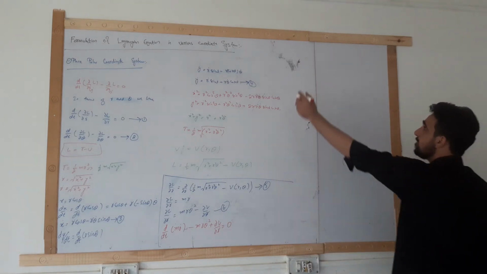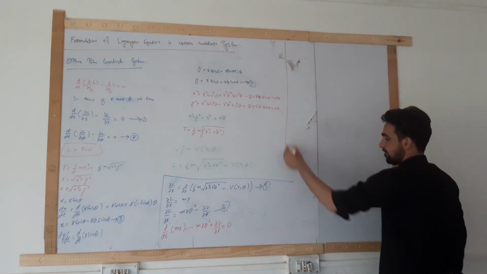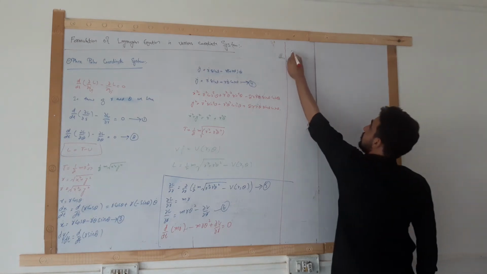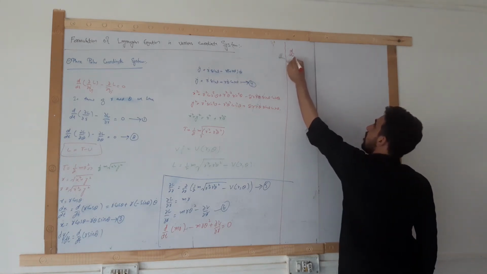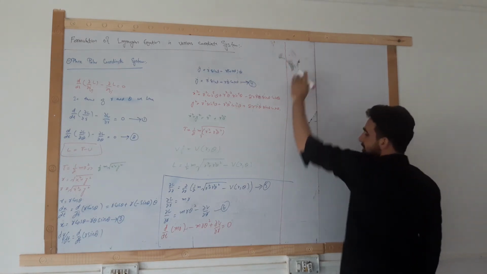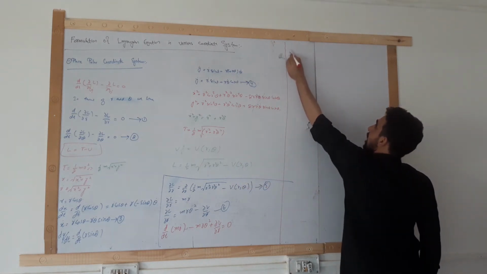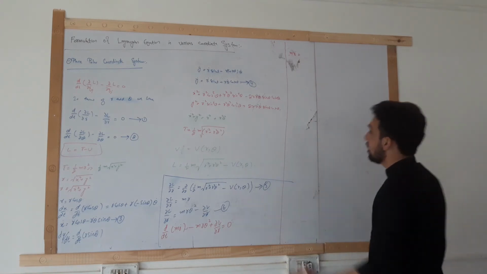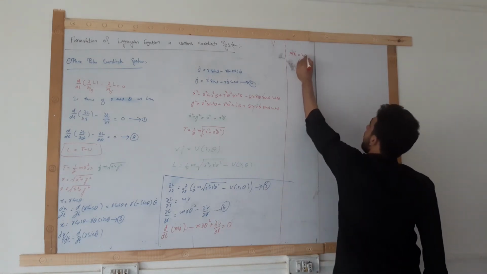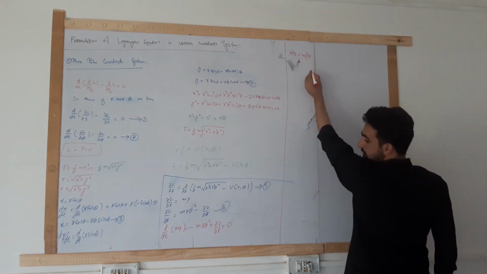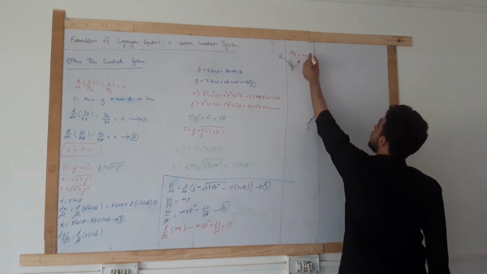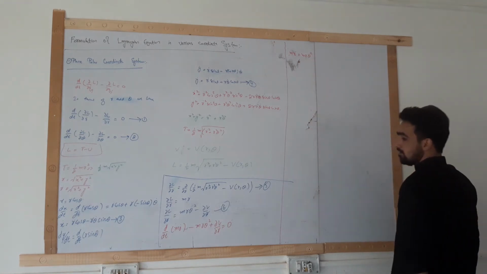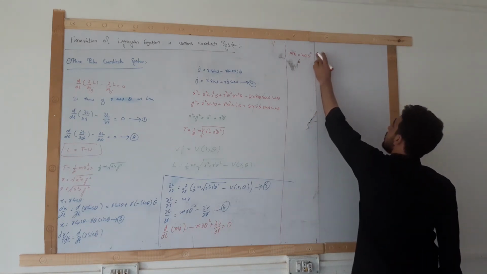So this will become equal to d by dt of m r dot, which is m r double dot, is equal to m r theta dot squared minus partial V by partial r.